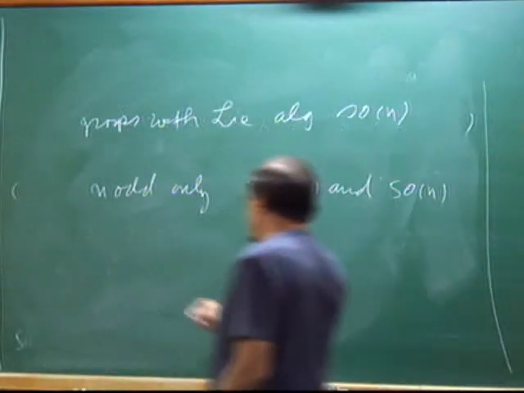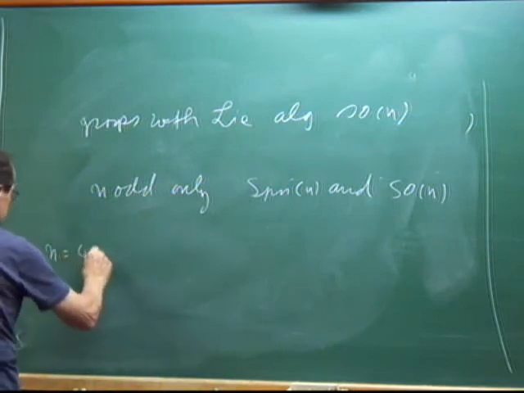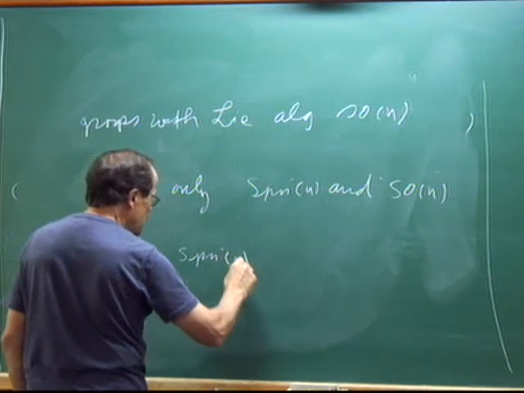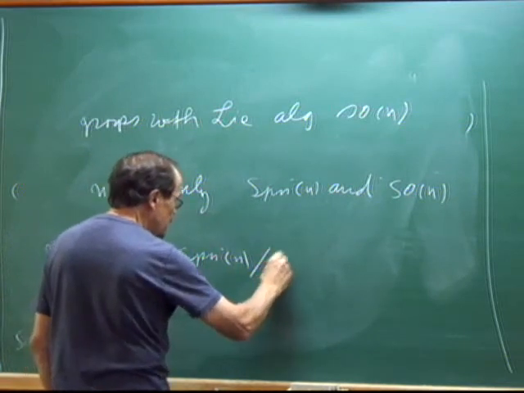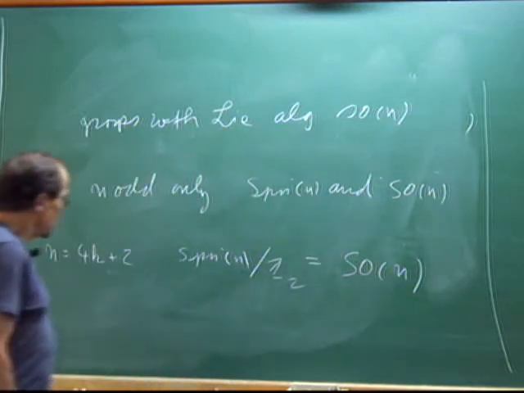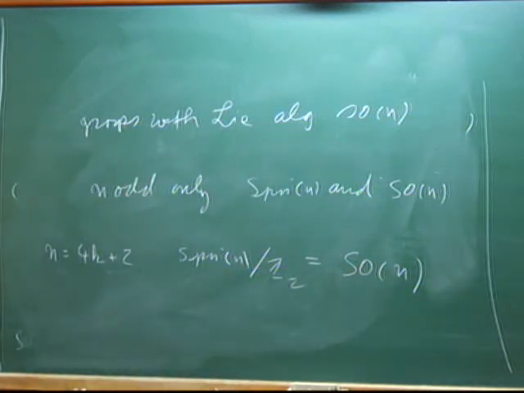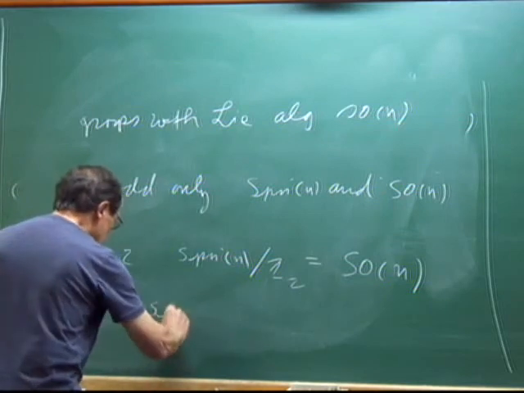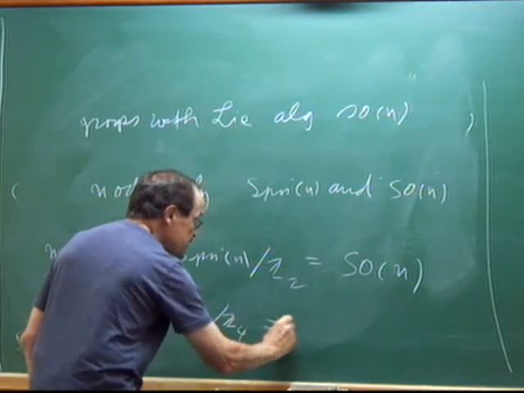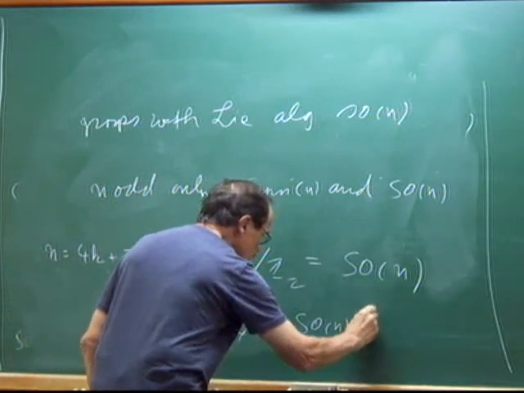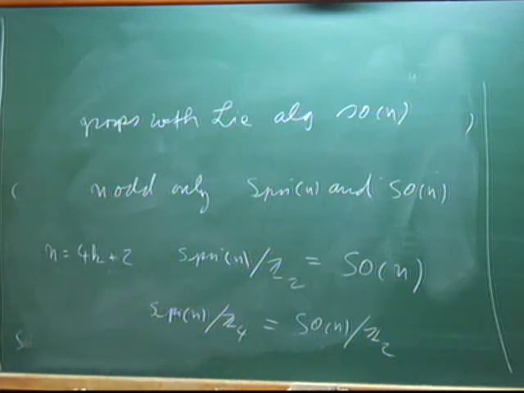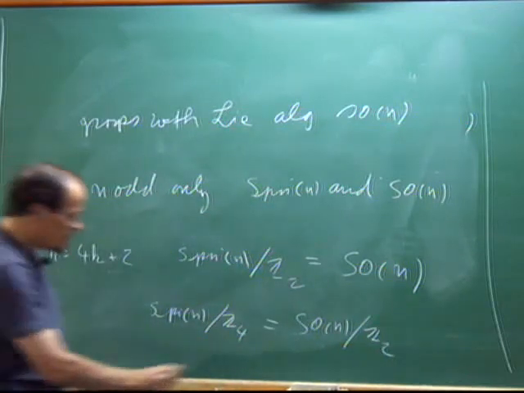So when n is 4k plus 2, Spin n divided by Z2 is SOn. And then I can divide by the whole group, which is the same thing as SOn divided by Z2. But the Z2 was the center of SOn, which was plus or minus identity.